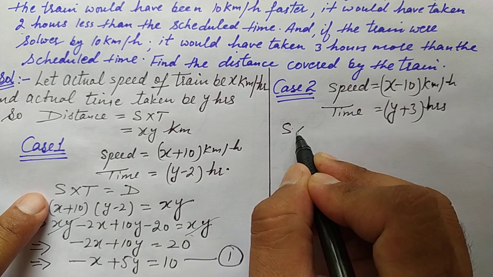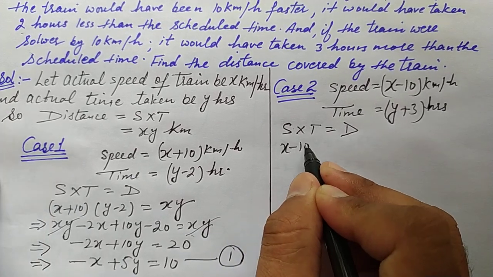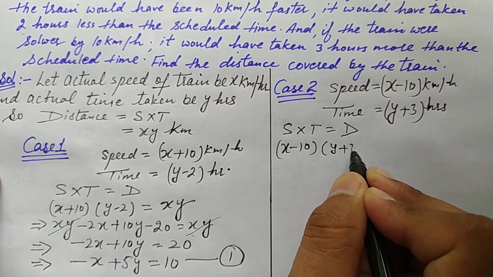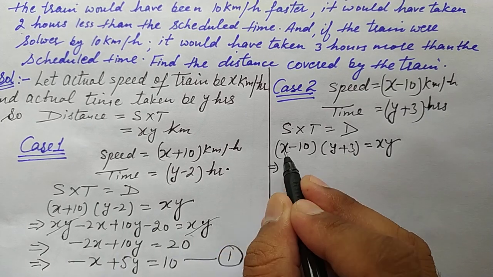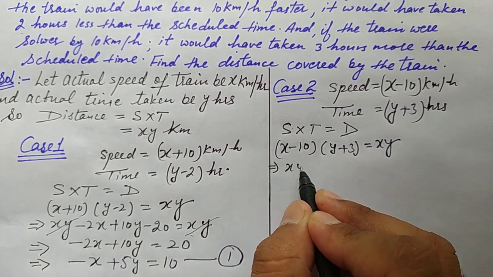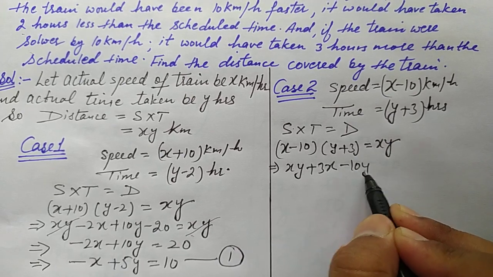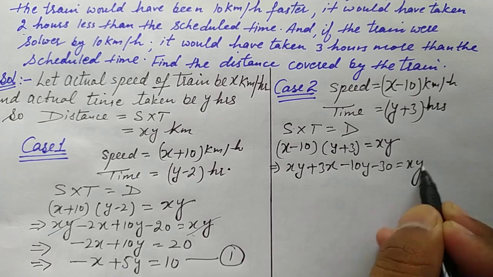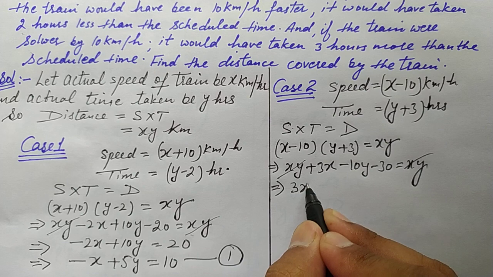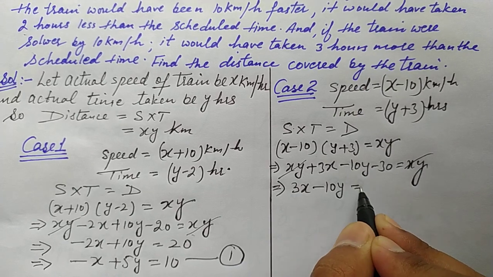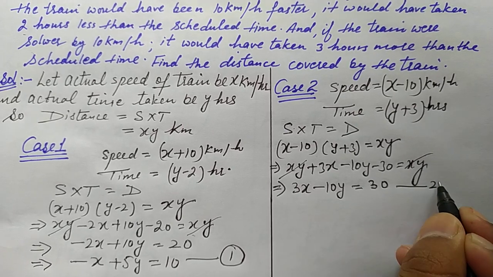Speed into time is equal to distance, so speed is x minus 10, time is y plus 3, and distance is the same in both the cases, that is xy. Now multiply y plus 3 by x, so it is xy plus 3x. Now multiply by minus 10, so minus 10y minus 30 equals xy. Now xy cancels on both sides. What is left: 3x minus 10y. Take this 30 to the right hand side, it becomes plus 30. Now this is our second equation.